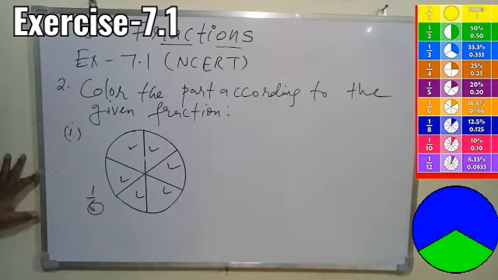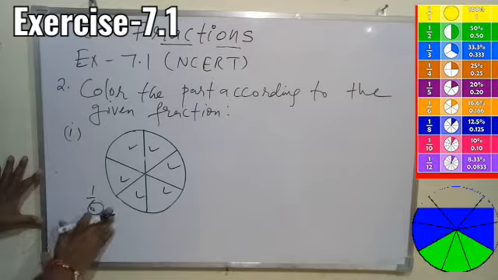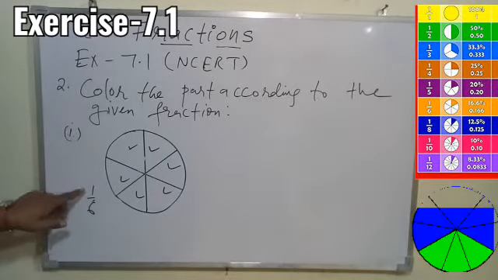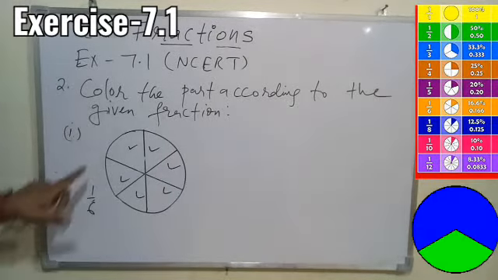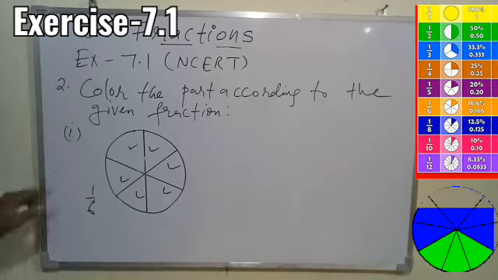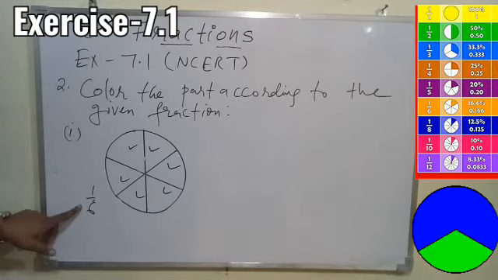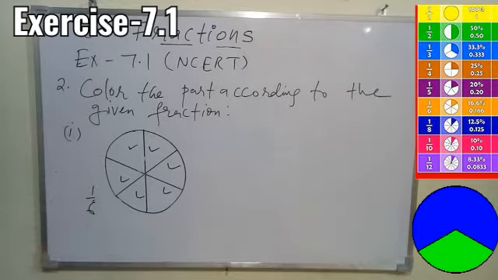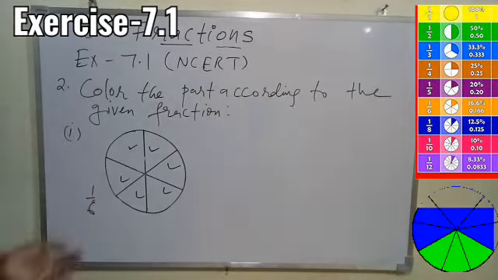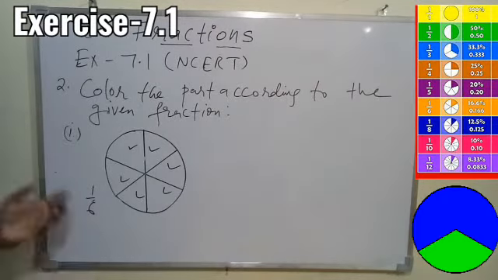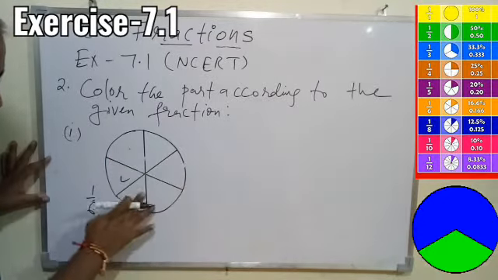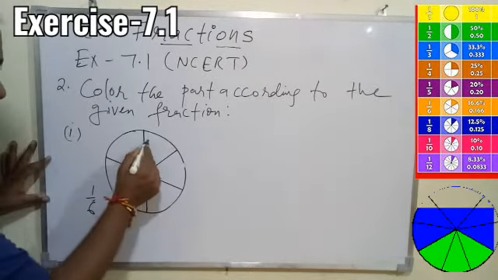So the total parts we have is 6. Now out of 6, how many are to be colored? 1, because we have to color according to the fraction given to us. So 6 parts total and 1 is to be colored. So 1/6 has to be colored. Out of 6, you can color any one yourself. So we can select any one block and let's color it.